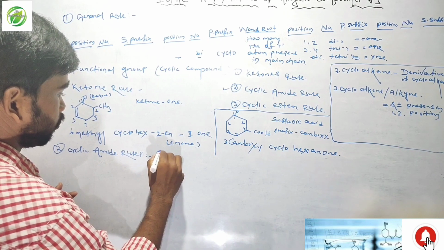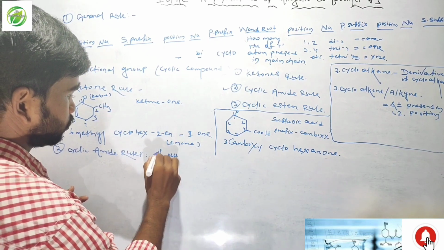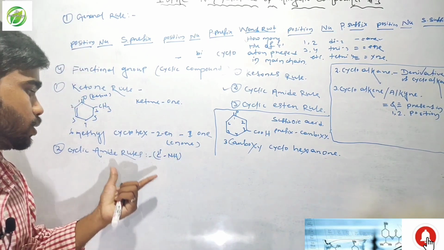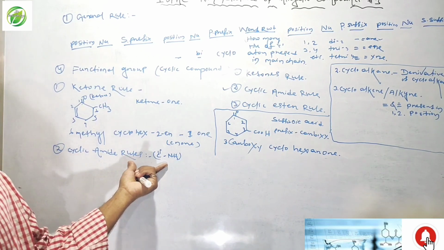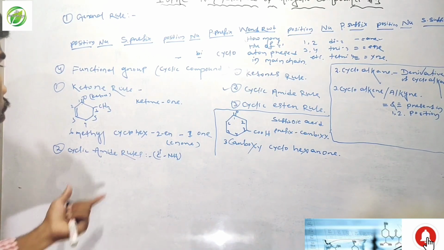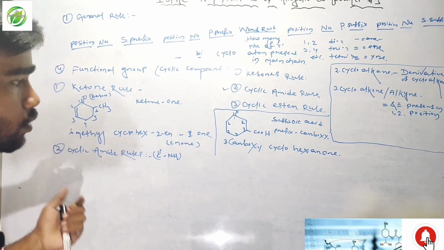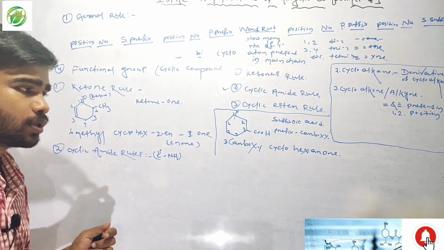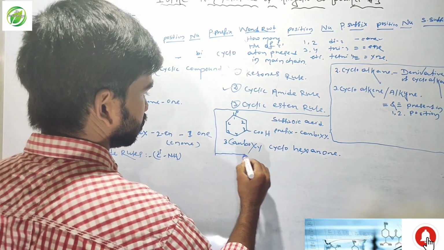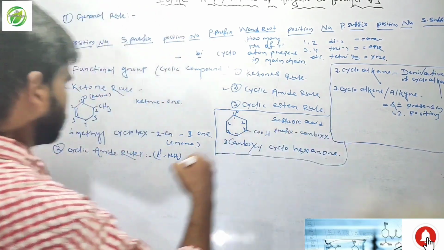Then friends, cyclic amide groups. The amide formula is C double bond O NH2. Friends, when this amide group is present in a cyclic ring, how do we number this ring and how do we write the nomenclature of that compound? Let's try to understand with the help of examples.